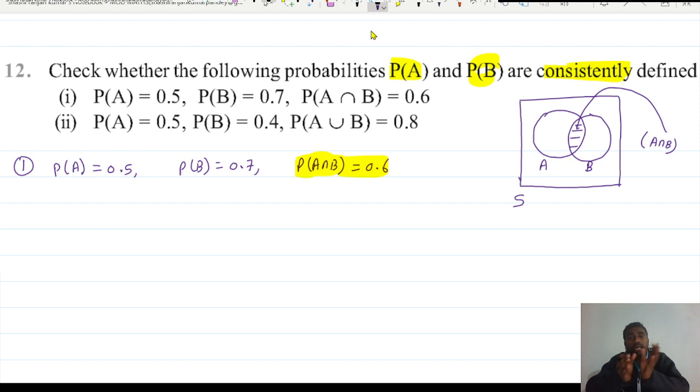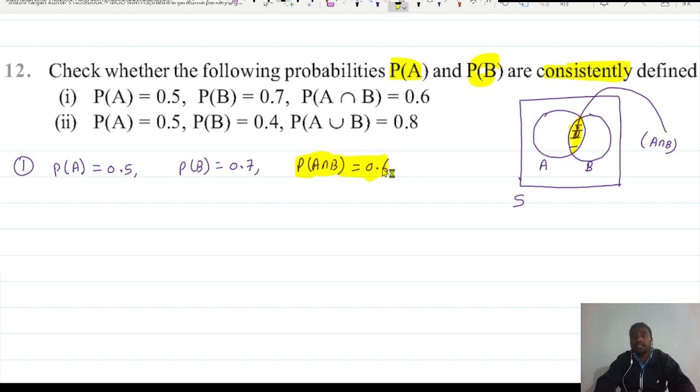You can see that in the region also: can this region be greater than A? No, because it lies in both A and B. At most B is fully inside A, or both sets are the same, then at most it equals A, but it can't be greater.